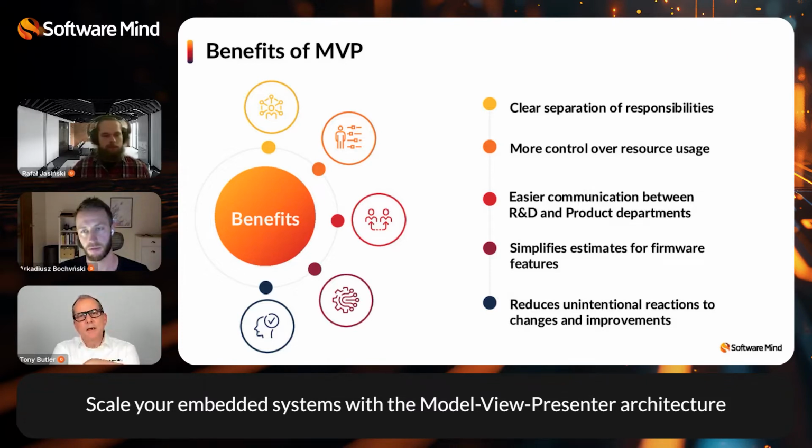So if we all live in a competitive market, our clients compete with their competitors. So how would this MVP architecture potentially reduce your time to market and help these organizations to actually have that competitive edge?